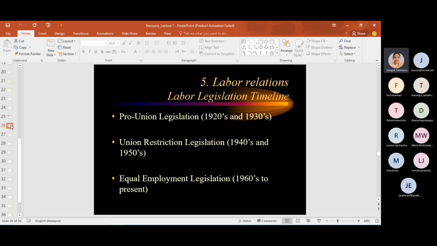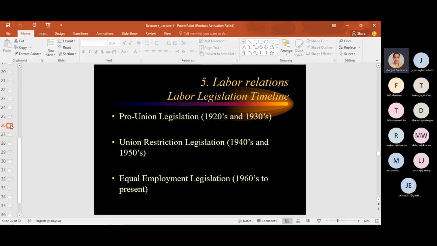And labor unions are there to protect labor rights, right? So where do these labor rights come from?